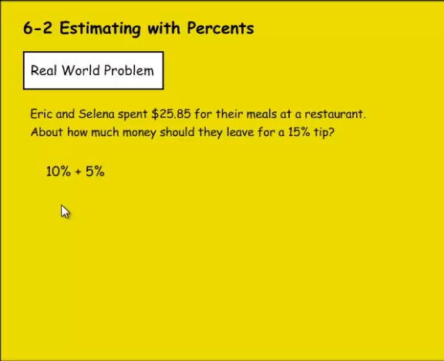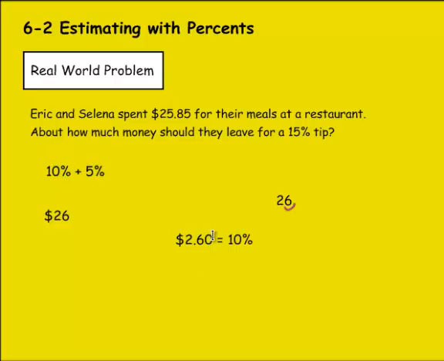$25.85 is really close to $26. So let's find 10% of $26 and then 5% of 26. So 10% of 26 would be, move that decimal over, 2.6 or $2.60 equals 10%. Now we need to find 5%. Well, 5% is 1/2 of 10%.